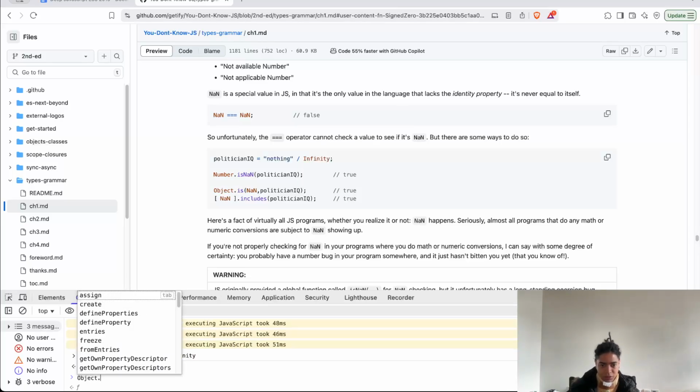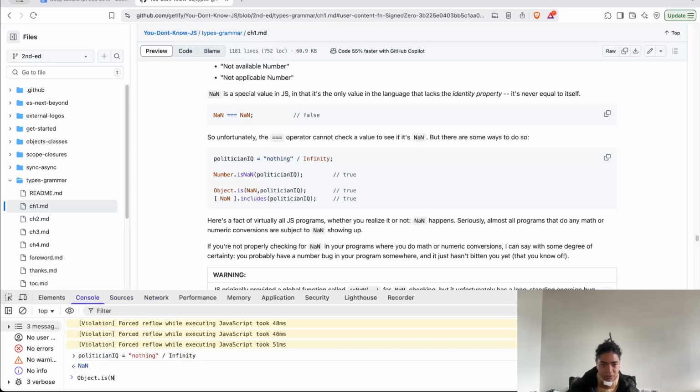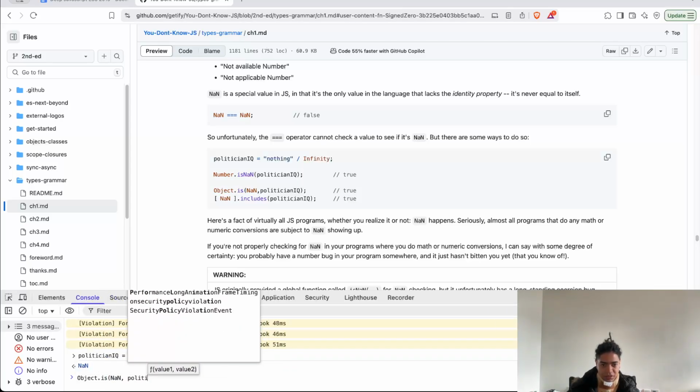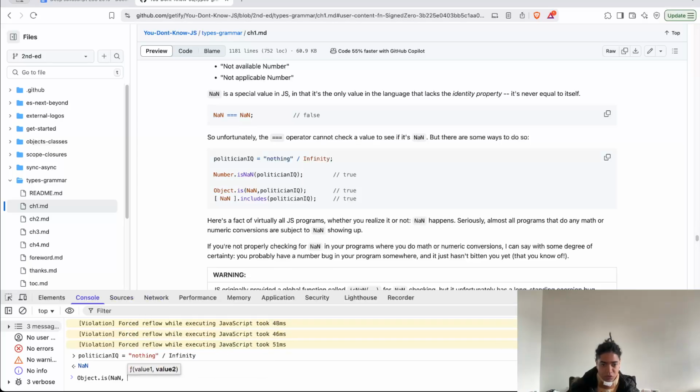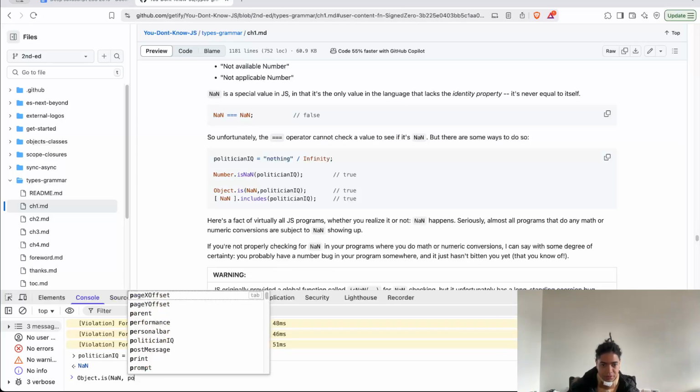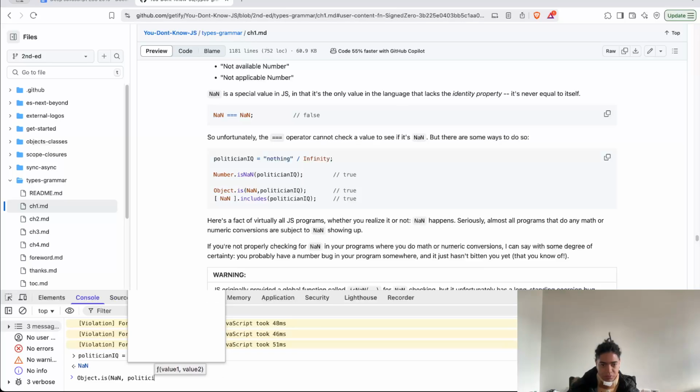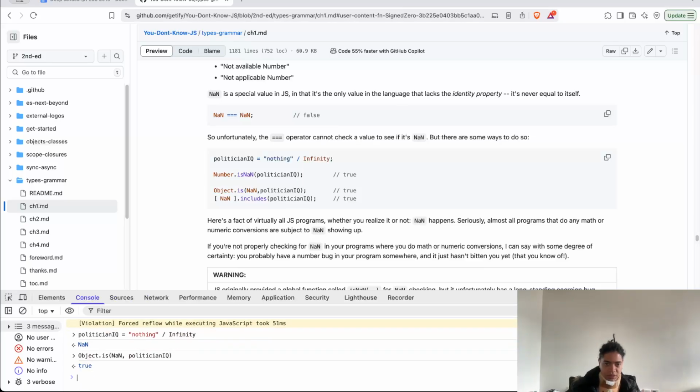Object.is to say NaN and the politician IQ, if you want to compare NaN and the politician IQ, and it gives you true.